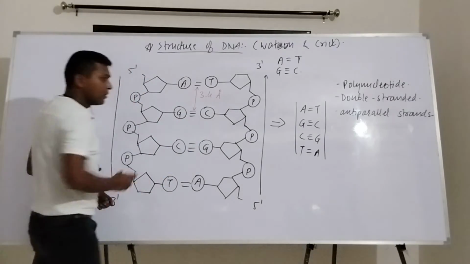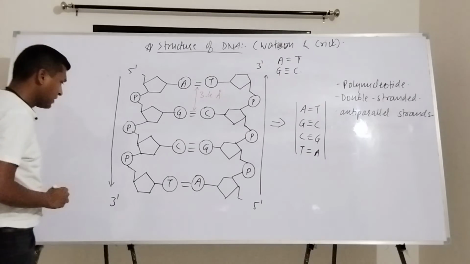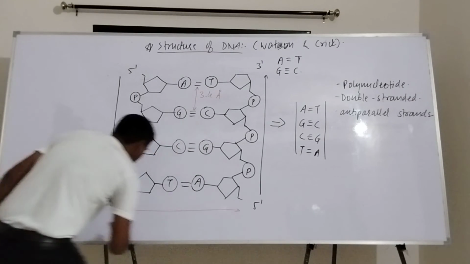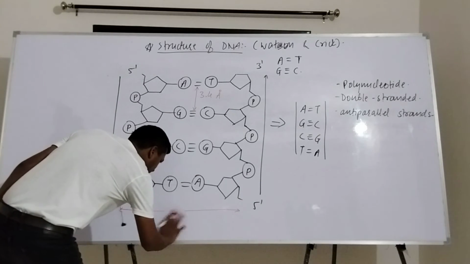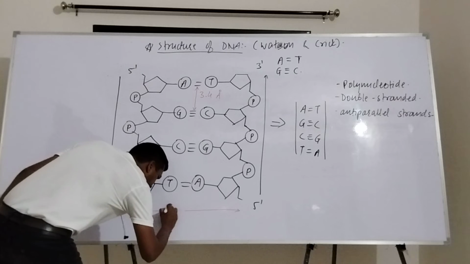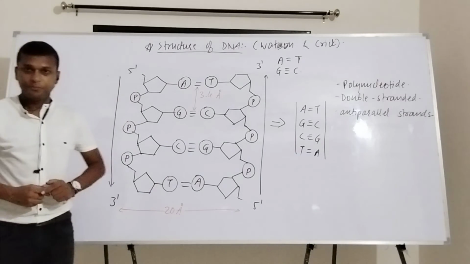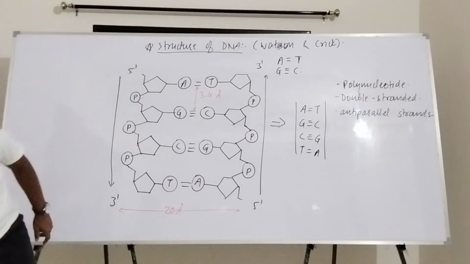Likewise, this will also be 3.4 Angstrom units, and this will also be 3.4 Angstrom units. And the distance between these two strands of the DNA, this particular distance, is around 20 Angstrom units. This is how the DNA actually looks.